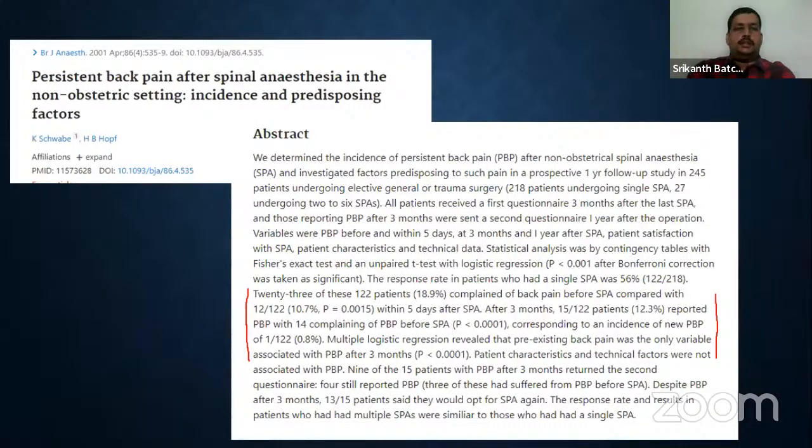So this is one study, and in the next slide we'll see another. These are the two long-term follow-up studies which have been done to assess persistent back pain after spinal anesthesia. Because if it is due to needle trauma, that is quite common.